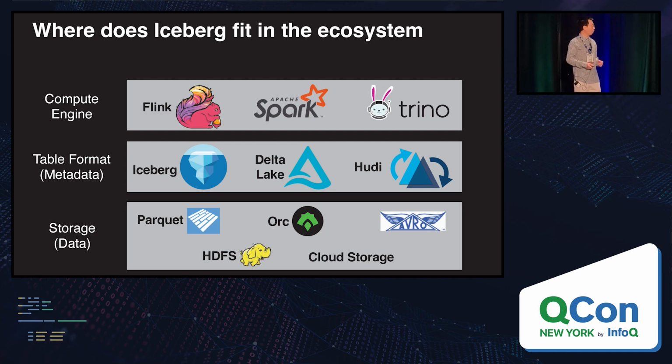Then we have table format like Apache Iceberg, Delta Lake, or Apache Hudi. They provide the SQL table semantics. Table format is all about metadata management. And compute engines like Apache Flink, Apache Spark, Trino, they integrate with the table format to access underlying data files.